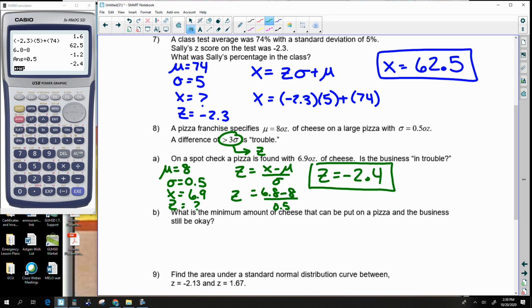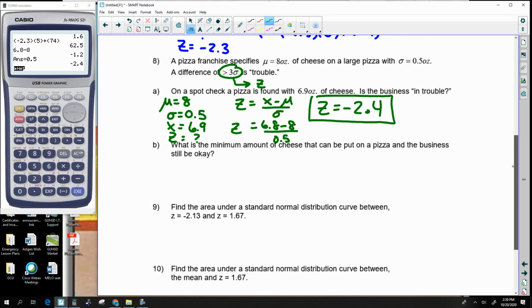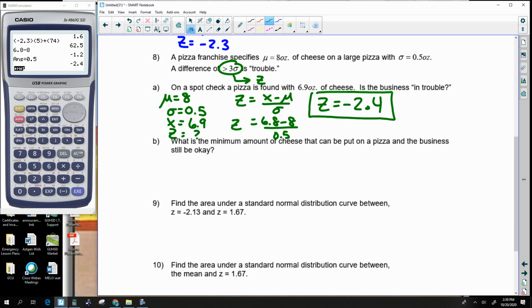Is this business in quote-unquote trouble, or is this business okay? Here's what that allowable 3 standard deviations specified up above means. Here's a franchise or a company in general. What they say is if you are 3 standard deviations above or 3 standard deviations below the average, which is the definition of a z-score, that means you're in quote-unquote trouble.